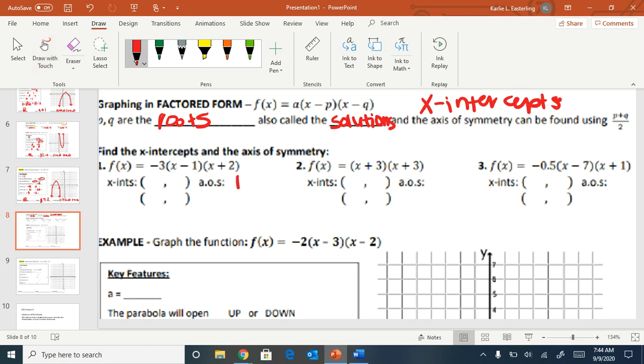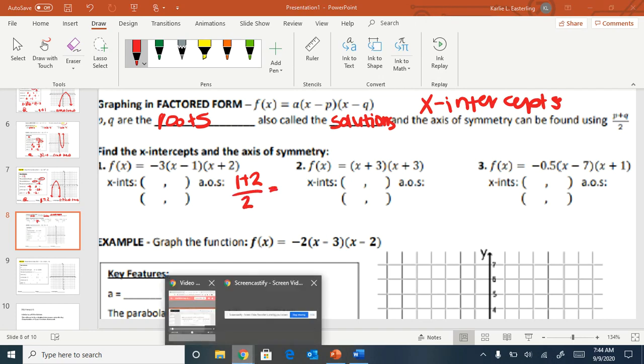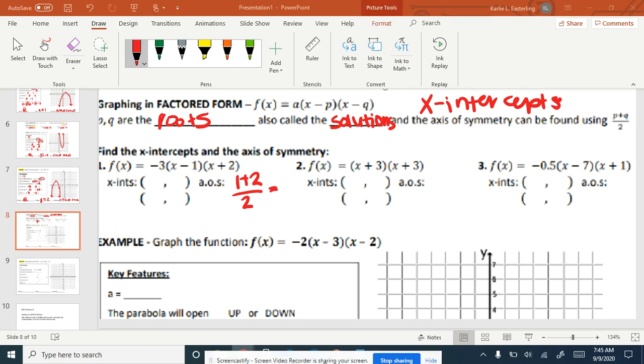So we're looking at 1 minus -2, and that minus -2 is going to make it plus 2, divided by 2. That's going to give us 3 divided by 2, and that'll be our x for our axis of symmetry. So it'll be that line at x equals 3/2.